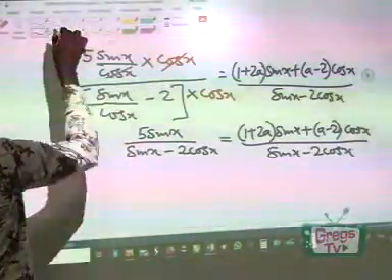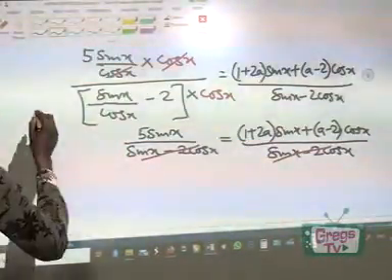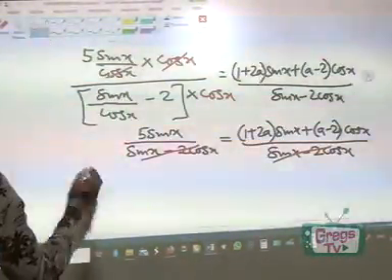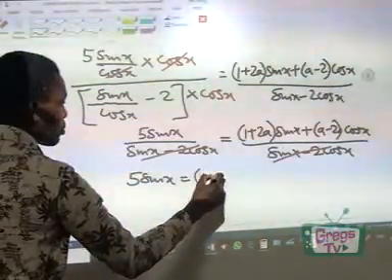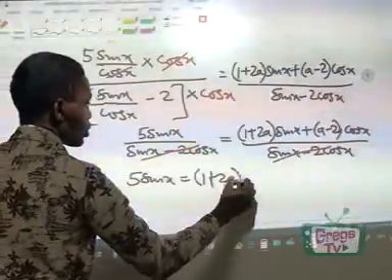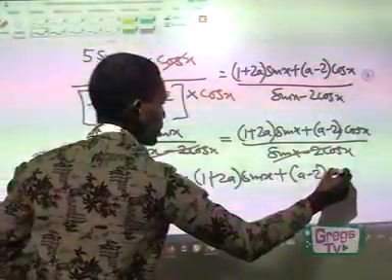So if you check very well, you will see that these two are the same. I can easily cancel them, and if I do that, I'm going to have 5 sin x equal to 1 plus 2a sin x plus a minus 2 cos x.